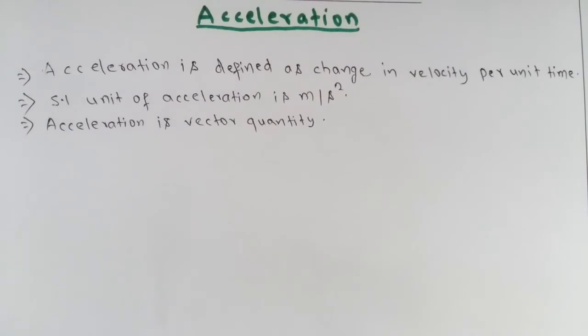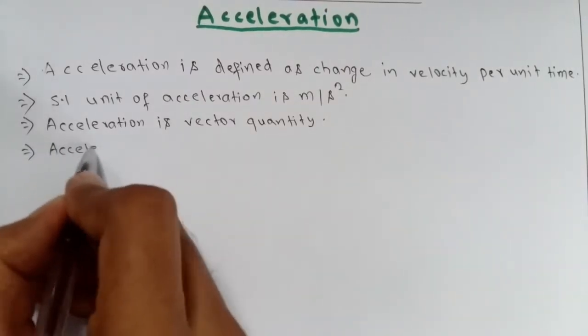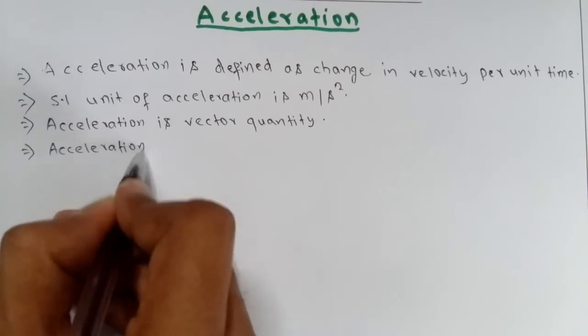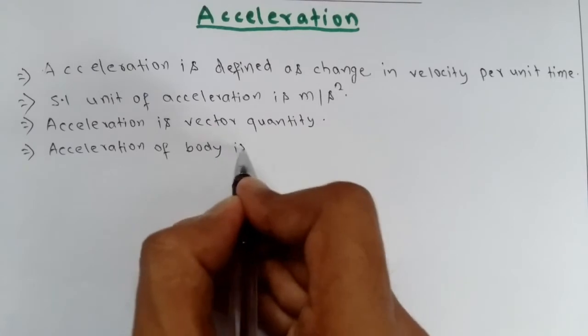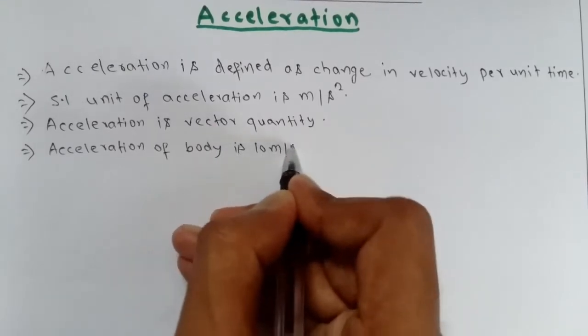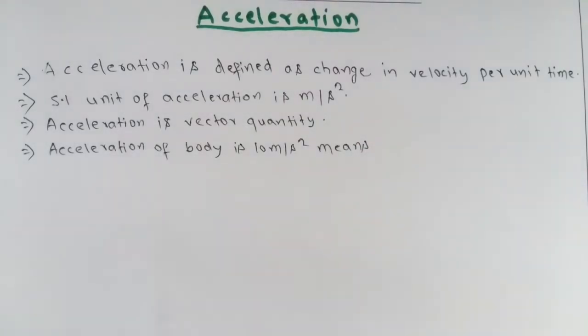Now, if the acceleration of a body is 10 meters per second square, what does it mean?